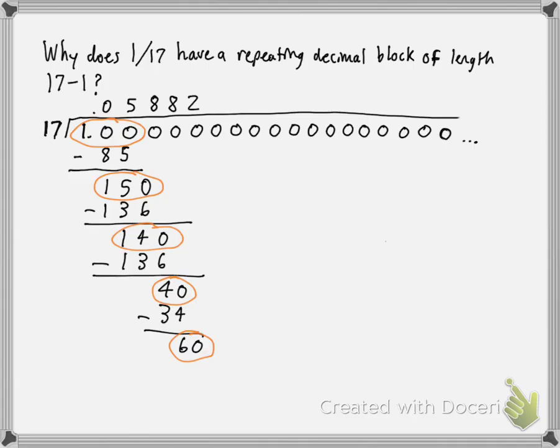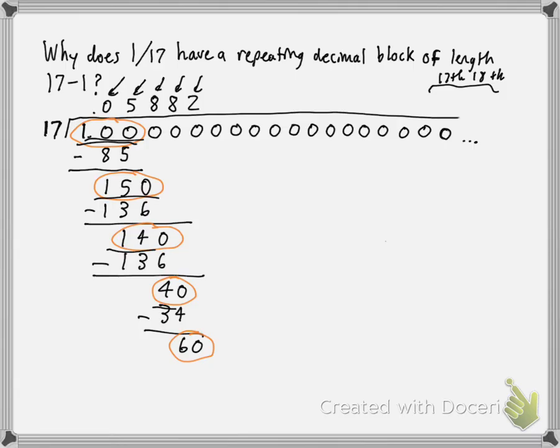There will be 16 places in which we've got to add numbers up here. And the moment we hit 100 again, that cycle is just going to go all the way back through again, with a 100 and a 150 and a 140 and a 40 and a 60 and so on, once you start getting out toward the 17th, the 18th, and so on digits.